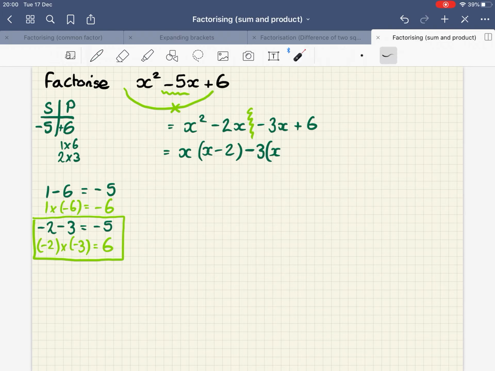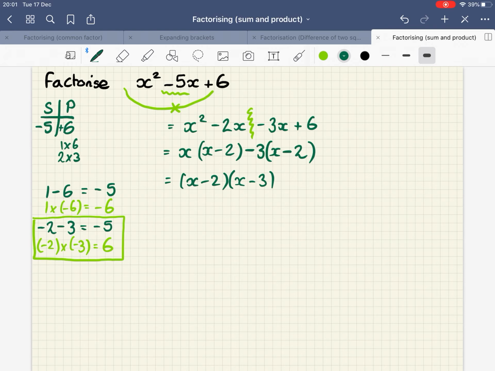X. Now at this point, remember, I've got a negative and I need to make a positive. So a negative times a negative makes a positive. So that'll be -2. And again, we can see my 2 brackets are the same. So my first bracket will be that x minus 2. And my second bracket will be this x minus 3.